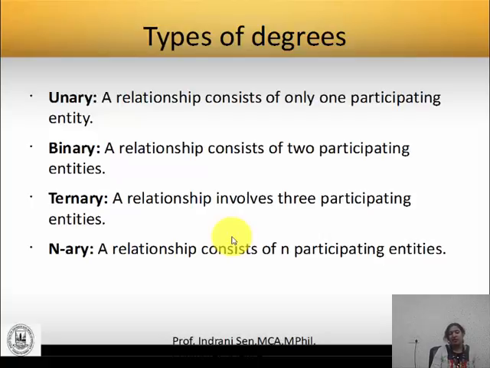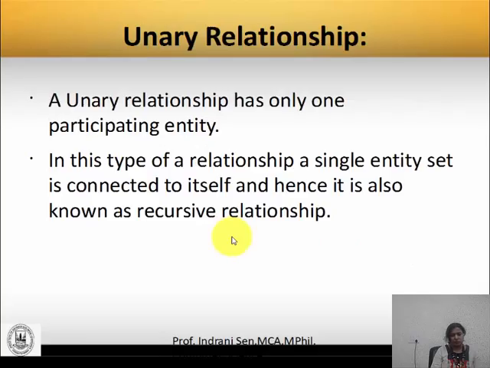And finally, we have n-ary. If you have more than three entities connected to a single relationship, we can talk about an n-ary relationship. A unary relationship has only one participating entity. In this type of relationship, a single entity set is connected to itself, and it is also known as a recursive relationship.